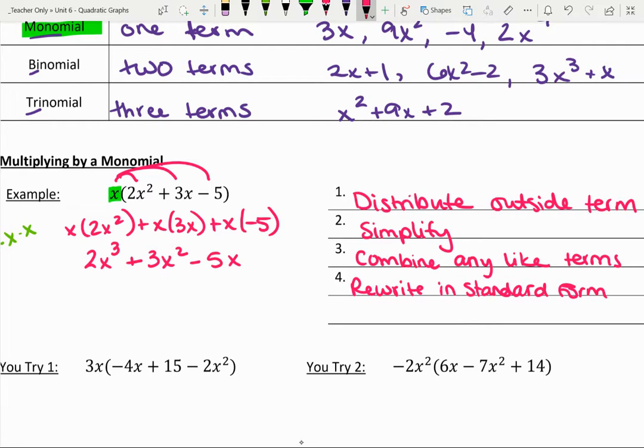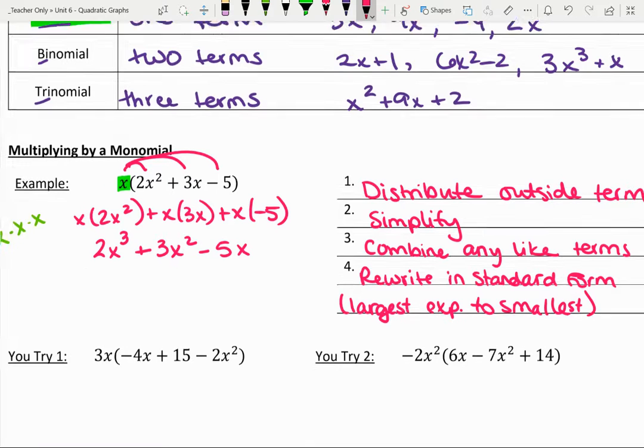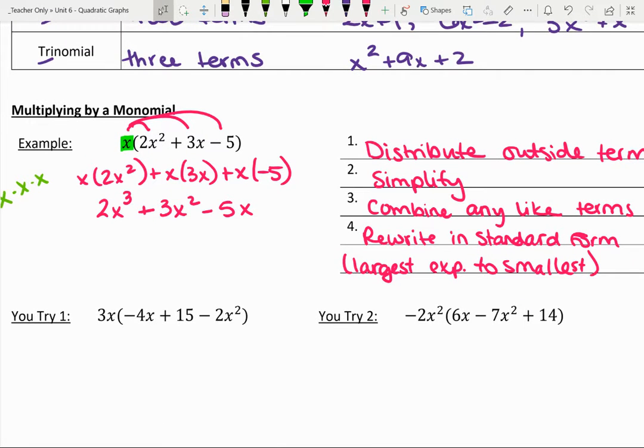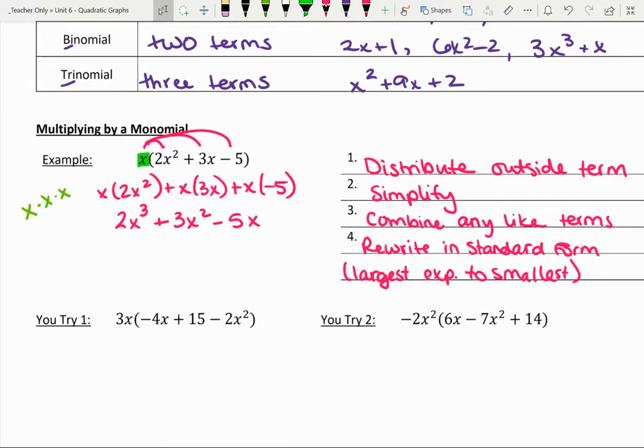And so that is the largest exponent to the smallest. So as it turns out, we actually already did that in this example. As we did it, we ended up having the largest exponent 3 in the very front, and then smallest. So 2x to the power of 3 plus 3x squared minus 5x is our product.